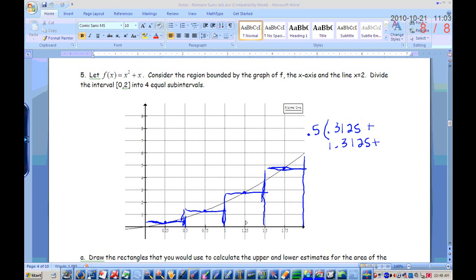Okay, when x is 1.25. And then is it 4.8125? Yeah. And if you add all of those up, you should get 4.625.